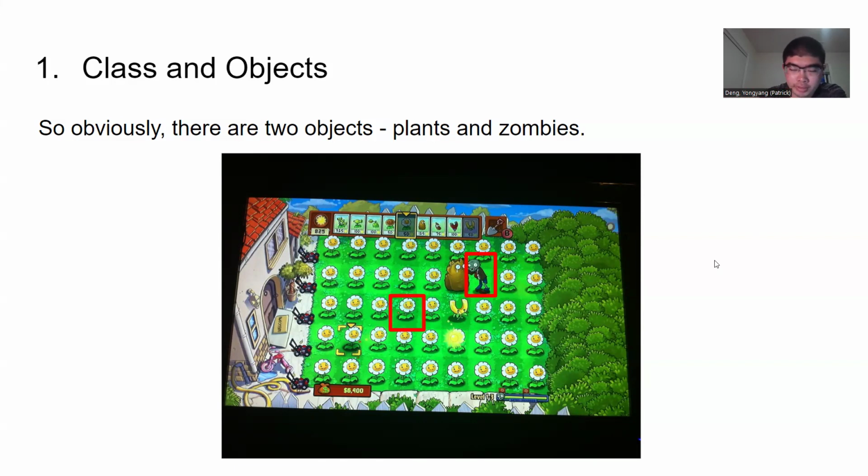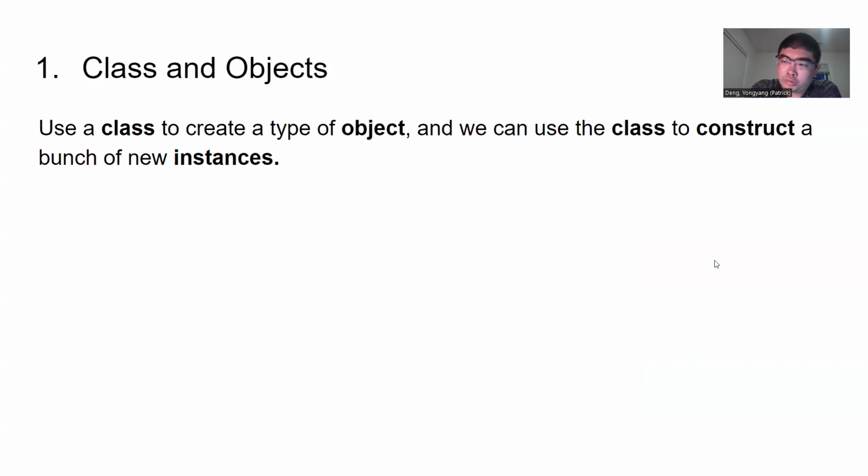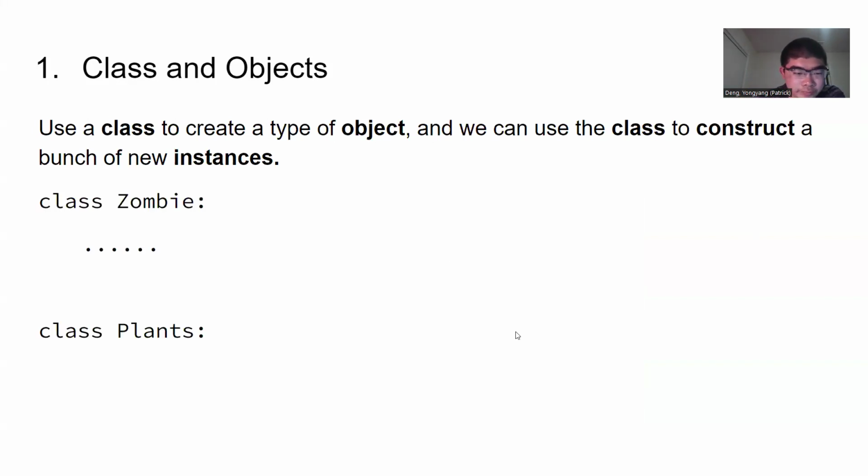So this is objects. To create an object, we first have to create a class, kind of a data type. We use the class to create a type of object, and we use the class to construct a bunch of new instances based on this type of object. This is the key feature of OOP, because we usually have the keyword class.